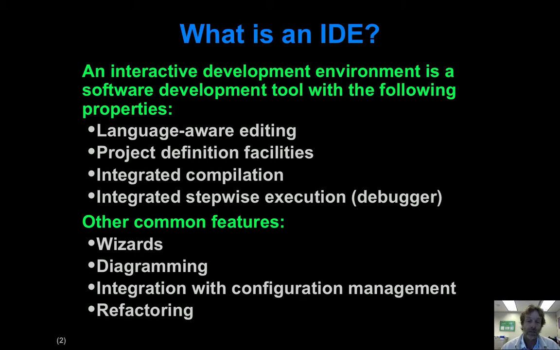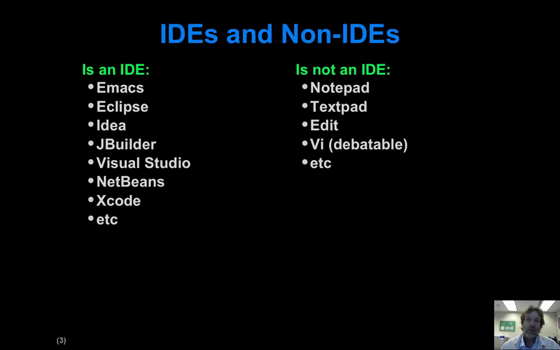That's so critical. And Eclipse has all these other common features, some of which we'll use, some of which we won't. So given that definition, there's a bunch of tools that would qualify as being an IDE, including Emacs, Eclipse, IDEA, JBuilder, Visual Studio, NetBeans, Xcode, etc.